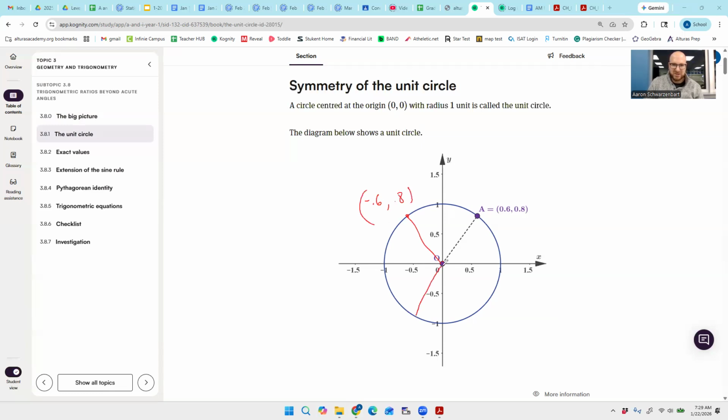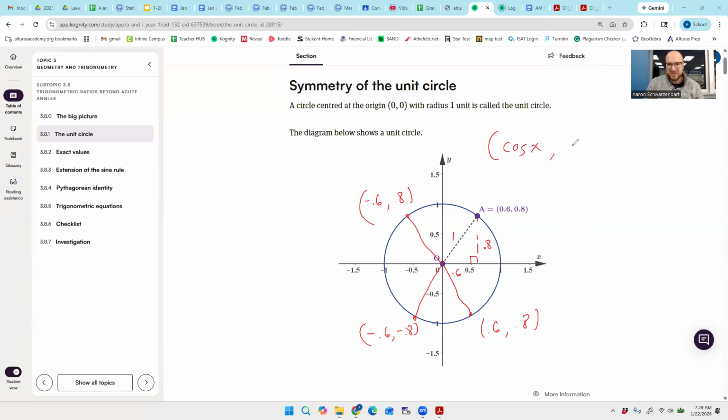There is one down here, negative 0.6, negative 0.8. The key to the unit circle is this radius here is 1, and these are all triangles. Coordinates are your lengths. There's one down here, 0.6, 0.8.